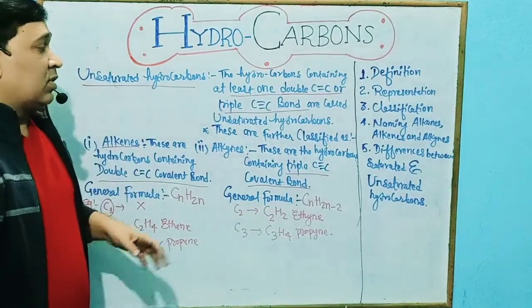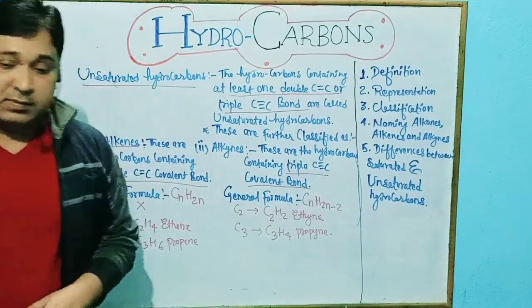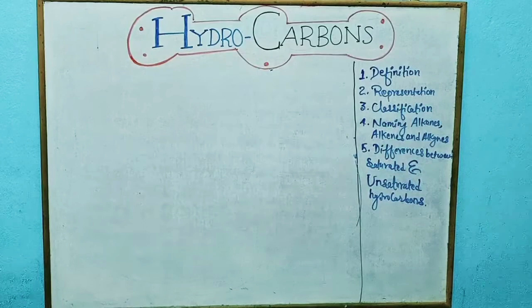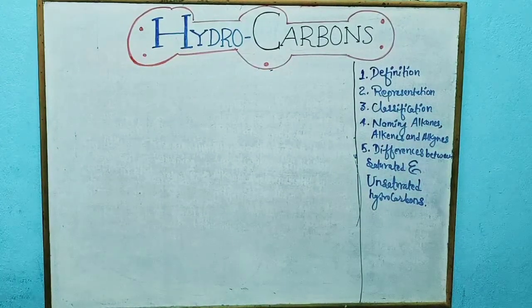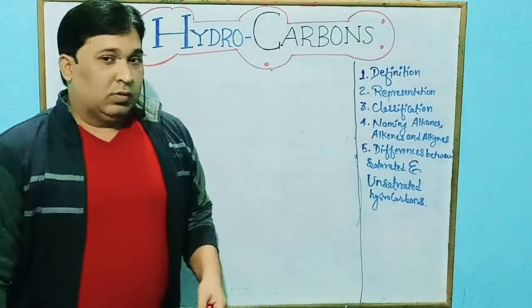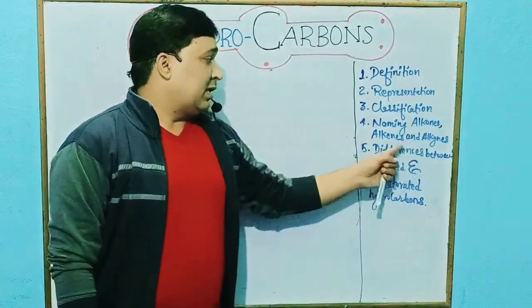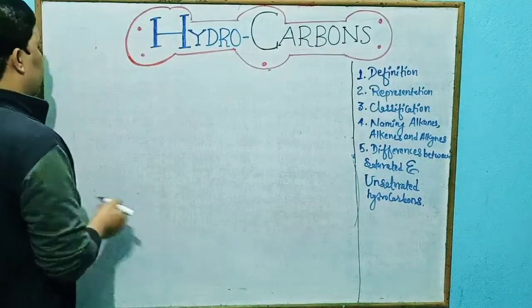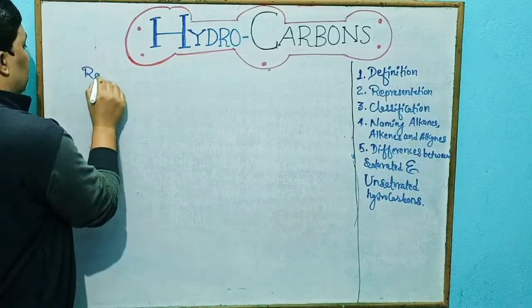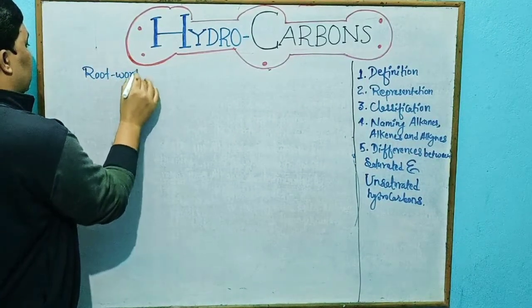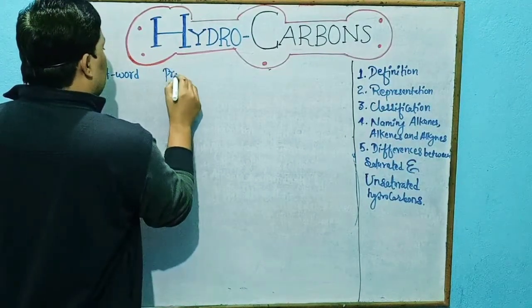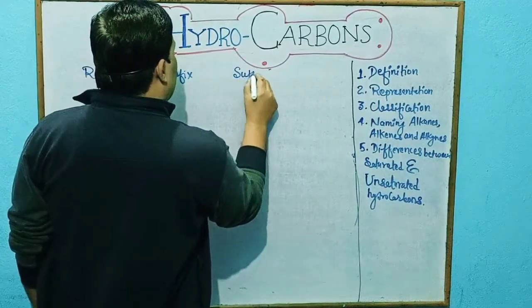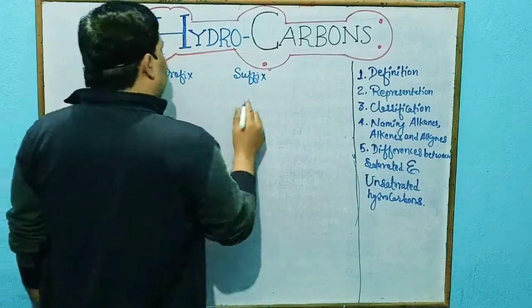Now we will discuss naming alkanes, alkenes, and alkynes. To name the alkanes, alkenes, and alkynes, we require 3 things: the root word, used as prefix, and the suffix.